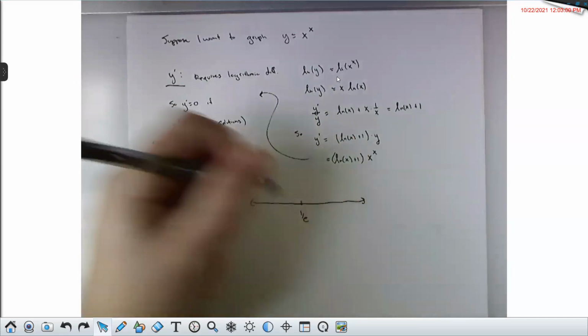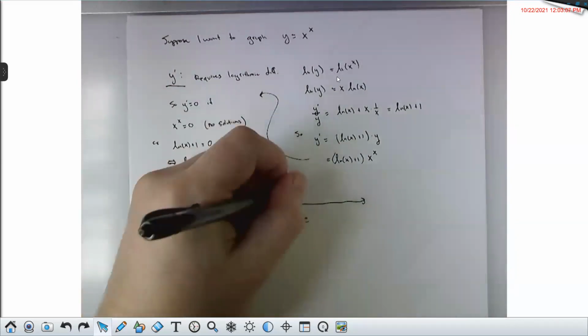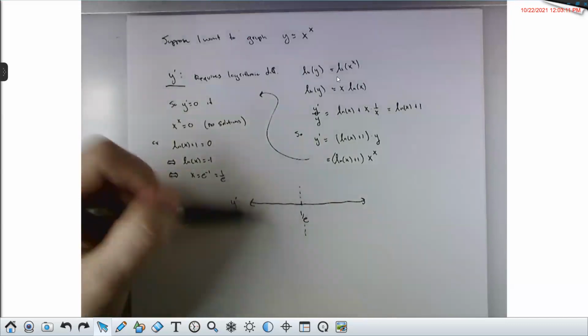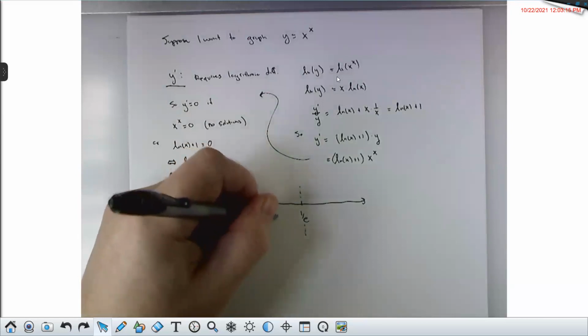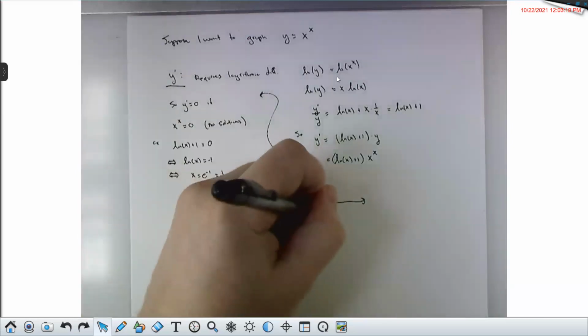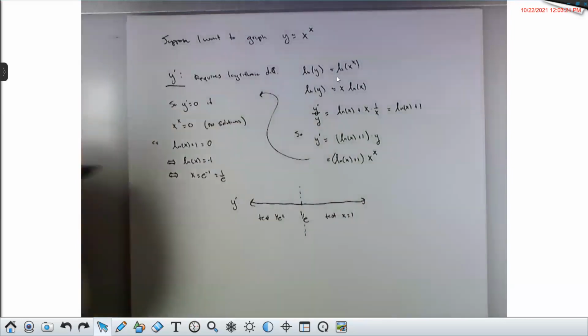It's 1 over e. And to the left of 1 over e, we could test something. To the right of 1 over e, we can test something. Something we could test to the left of 1 over e would be like 1 over e squared. And something over here we could test like just x equals 1.